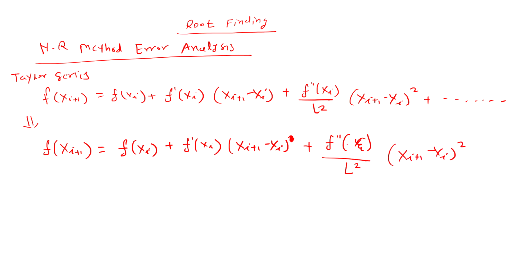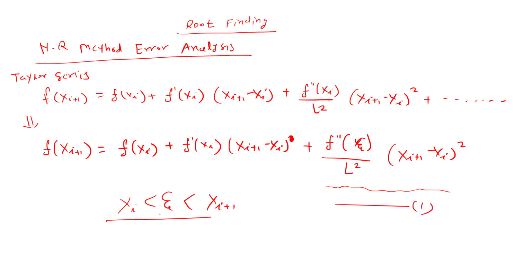All the higher order terms are approximated with this chi, where chi is in between x_{i+1} and x_i. This is my equation number 1. Note down this equation number 1. I will rewrite it in the next slide.